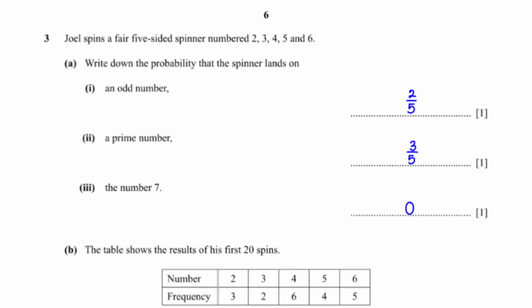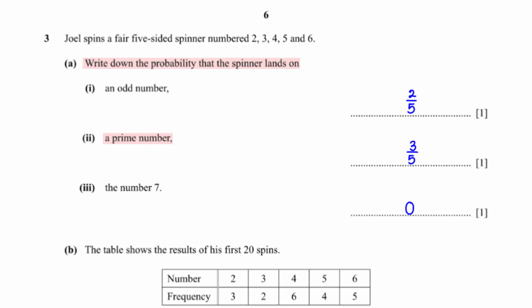Joel spins a fair 5-sided spinner numbered 2, 3, 4, 5, and 6. Write down the probability that the spinner lands on an odd number. This probability is equal to the number of odd numbers, which is 2, divided by the total number of numbers, which is 5. Write down the probability that the spinner lands on a prime number.